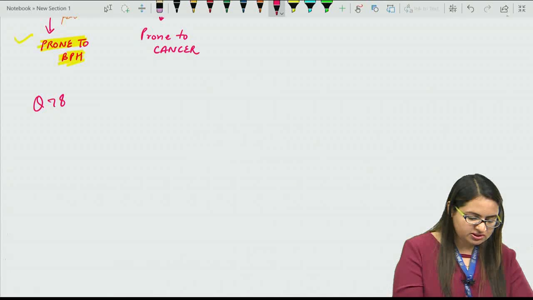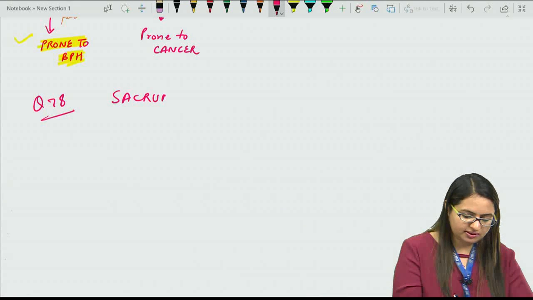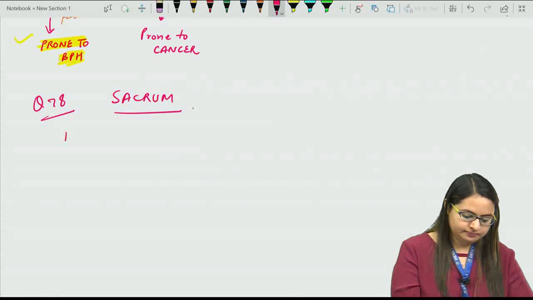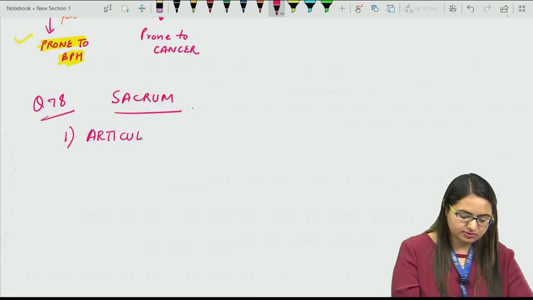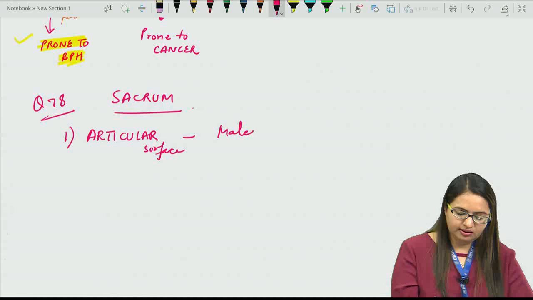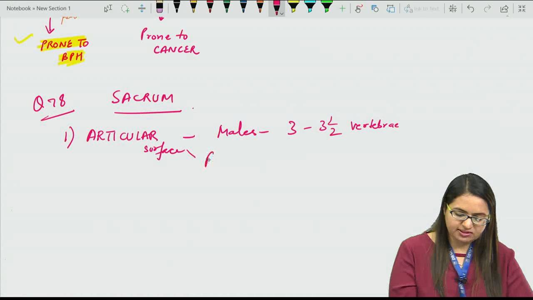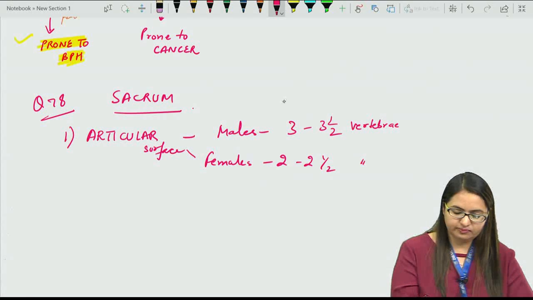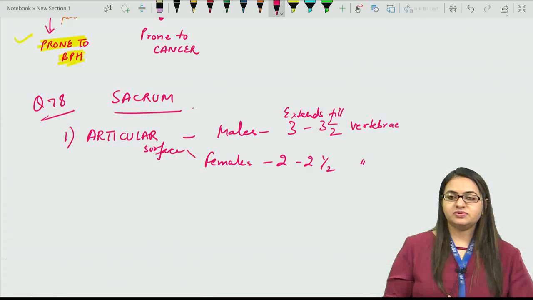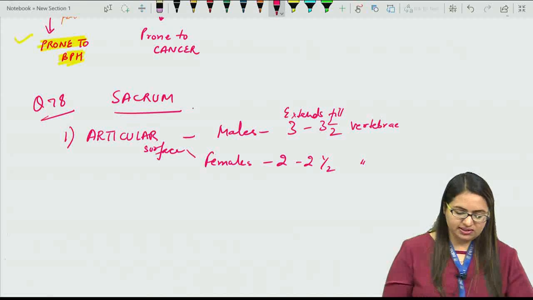When we talk about the sacrum, the articular surface or the auricular surface, in males it is extending till 3 to 3.5 vertebrae, and in females it is extending only till 2 or 2.5 vertebrae. So this is the difference between the male and the female sacrum.